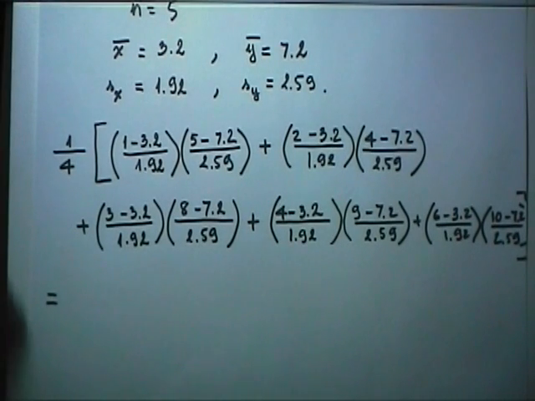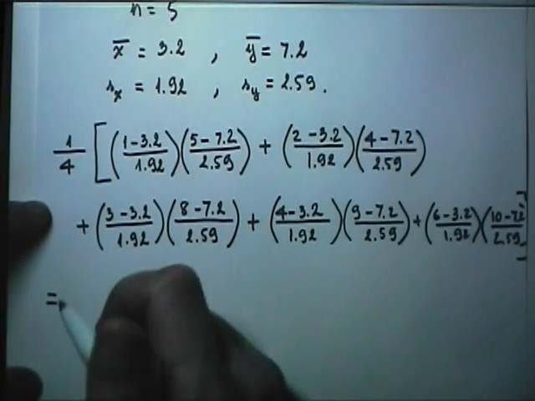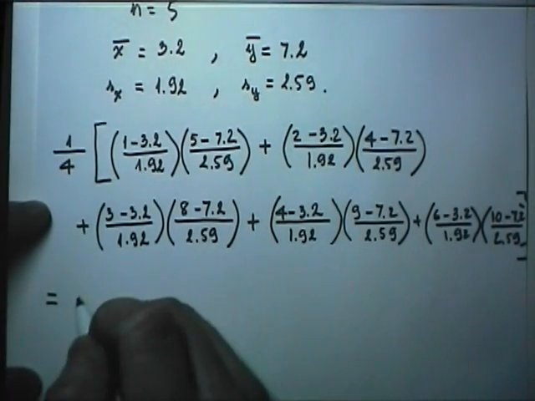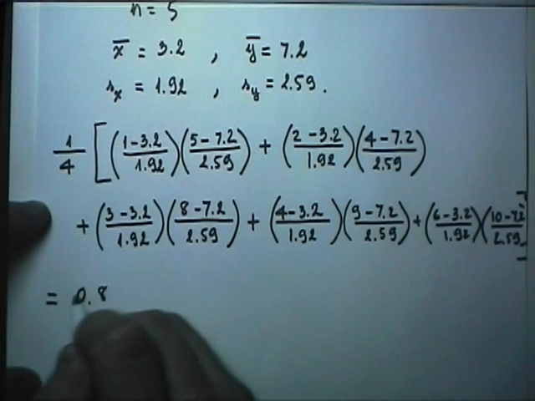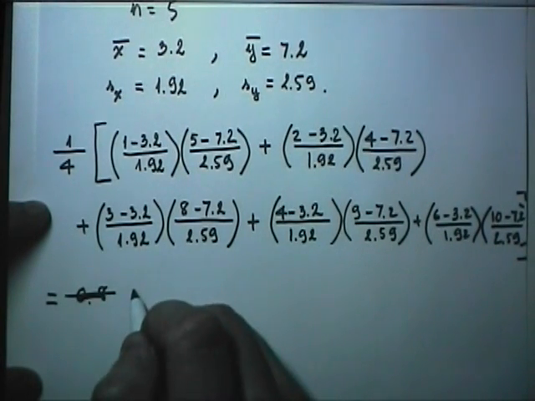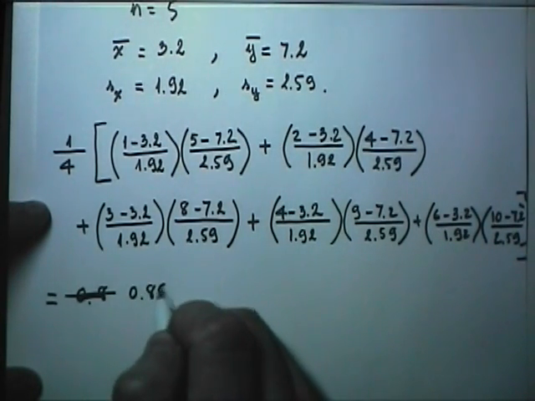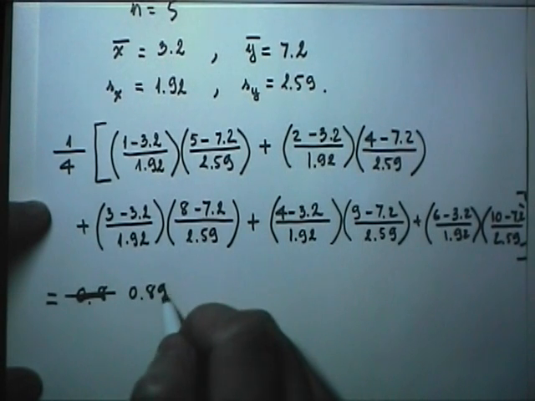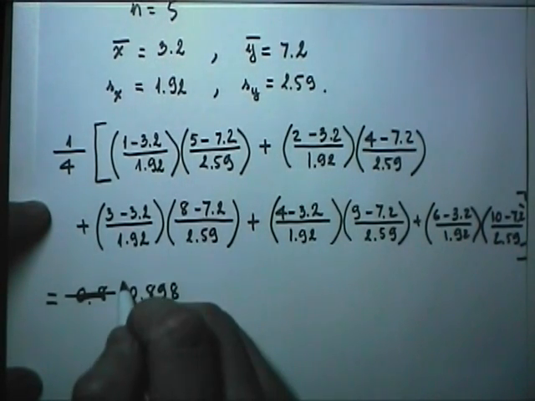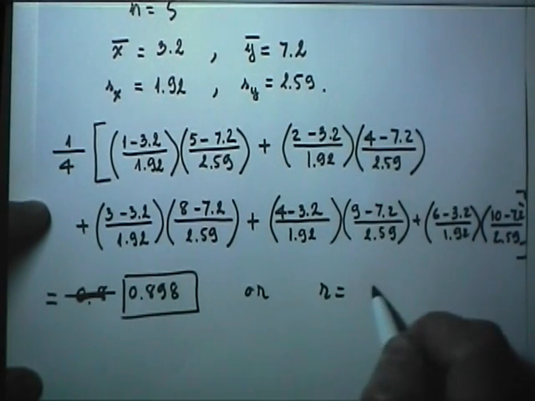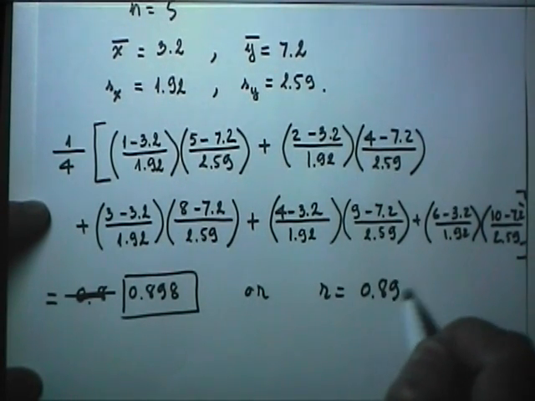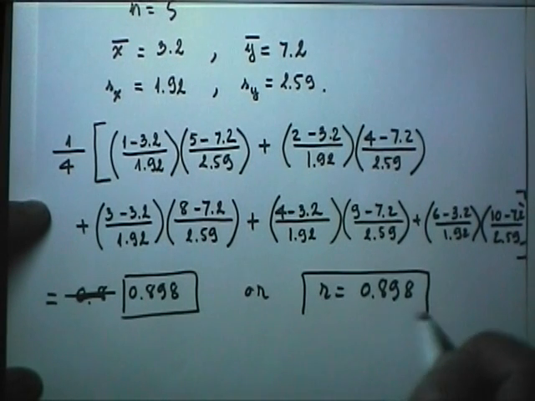Okay, so my calculation this time should be 0.898. Okay, and that is my R value. R equals 0.898.